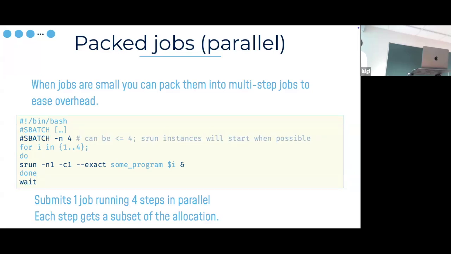Which means that if you put an ampersand here, and the srun commands go into the background, they can all run in parallel using 1 task each of the 4 task job. So if here you go above 4, what will happen is that all the srun commands will be instantiated at once, but the ones which do not have access to the allocation will wait: the first one will get 1 task, the second one the second task, and so on.